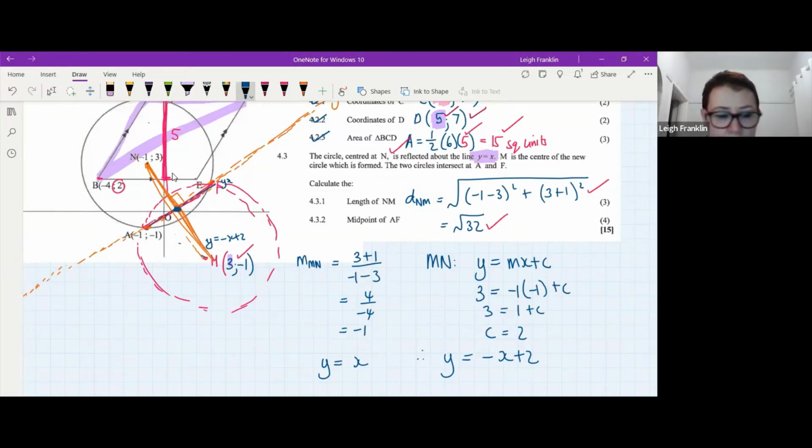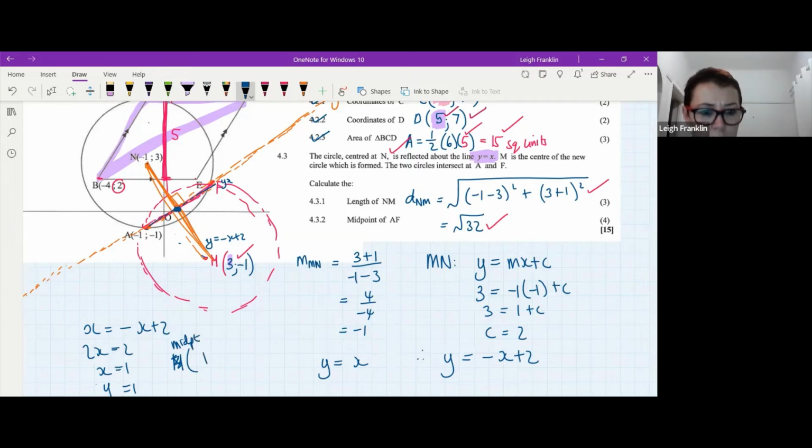In other words, we could take x and make it equal to negative x plus 2, take the x over, 2x equals 2, therefore x equals 1, which means that y has to be equal to 1. So the coordinates at the midpoint of AF, I suppose we better not call it M because we've already got an M, are going to be 1 and 1. Does that make sense to everybody? That's the only way I can think of to do this.